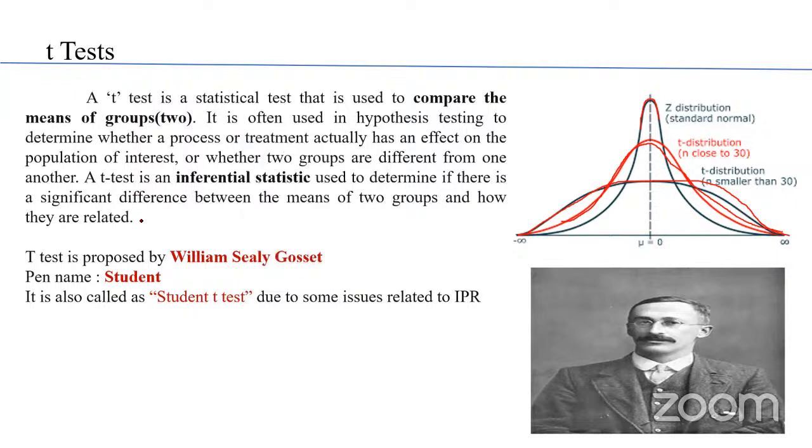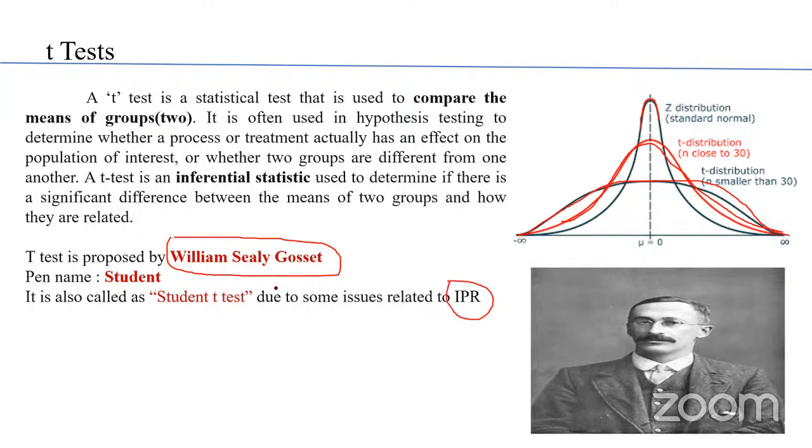Okay. And the t-test was proposed by a person called William Sealy Gosset. Because of some intellectual property rights issue, he was not interested in giving the name of the institution he was working for to that test.